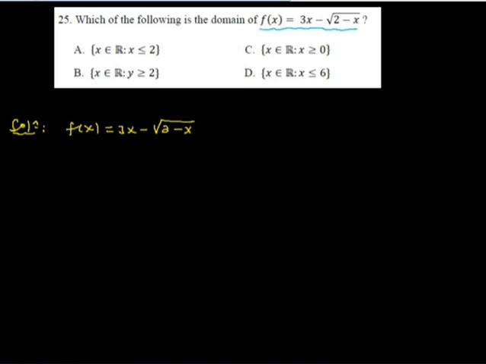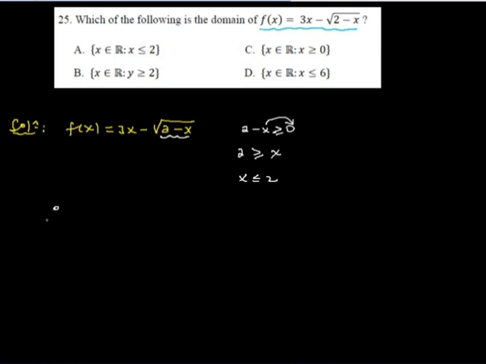What is not allowed? Here the number inside the radical, 2 minus x, should not be negative. So 2 minus x should be greater than 0 or equal to 0. What does this mean? 2 should be greater than or equal to x. Bringing this here and adding, 2 greater than or equal to x means x is less than or equal to 2.